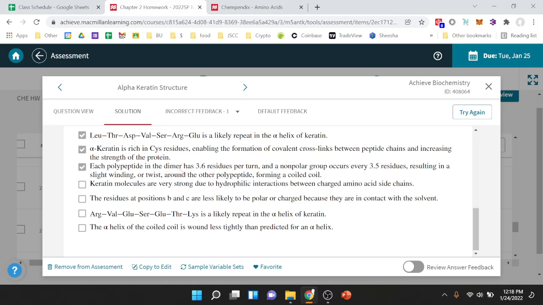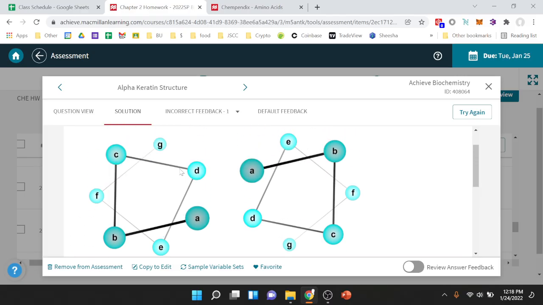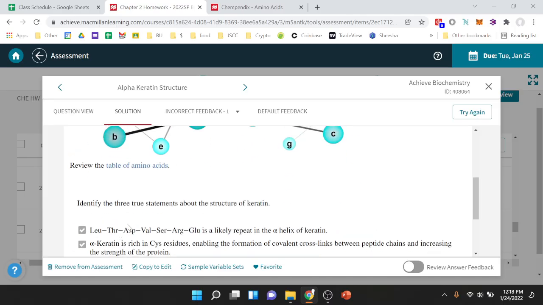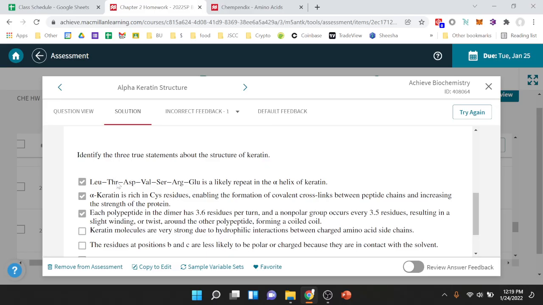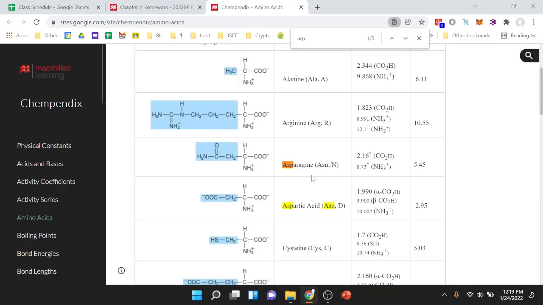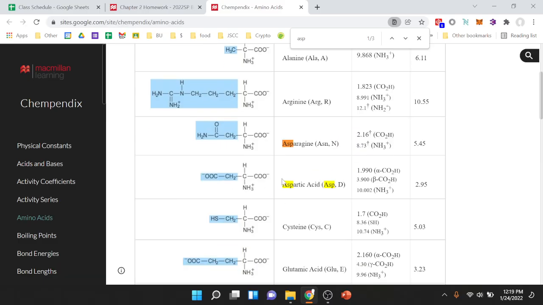The other way to do this is go along. We have A, B, C. Well, C and B should probably be something that's hydrophilic, right? And so we would look at C and B, at Asp or Val. Okay, so asparagine, no. Aspartic acid, that makes sense to be with water, right?